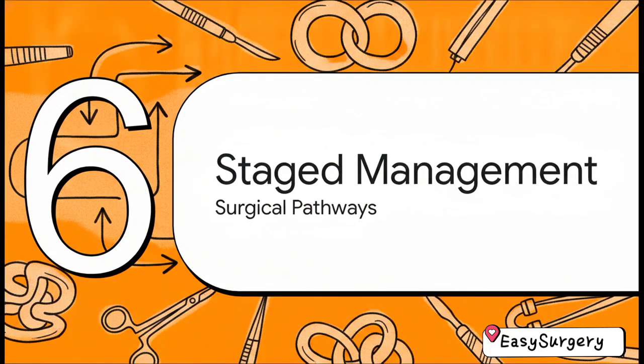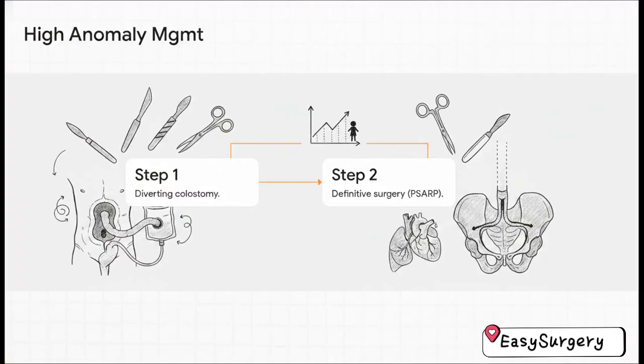Finally, Section 6, Staged Management of Malformations. Let's translate our classifications into action. So, remember that 2-centimeter rule? If it's a low anomaly, we can usually manage it directly with definitive surgery right out of the gate. High anomalies, however, are far more complex and demand a staged approach to protect the patient. Step 1 is almost always a diverting colostomy.